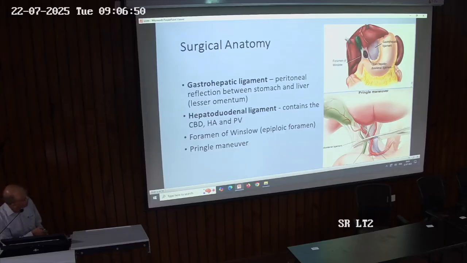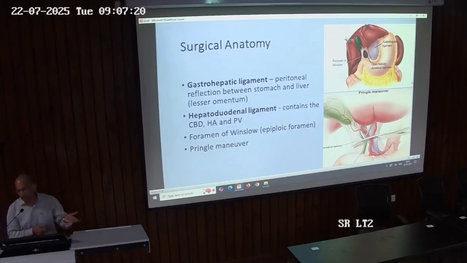The free edge here contains three important structures: the hepatic artery, the portal vein and the common bile duct. This is the hepatoduodenal ligament, which is the free edge of the gastrohepatic ligament, and it contains these three important structures. The applied anatomy is that this is the place where the foramen of Winslow is situated.